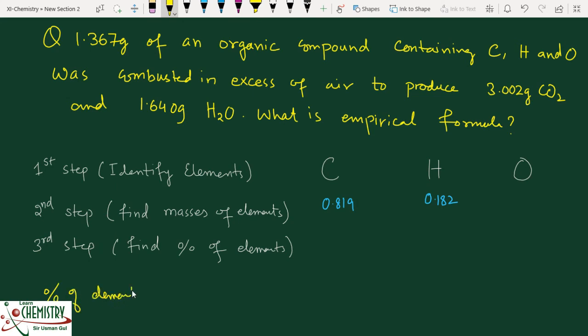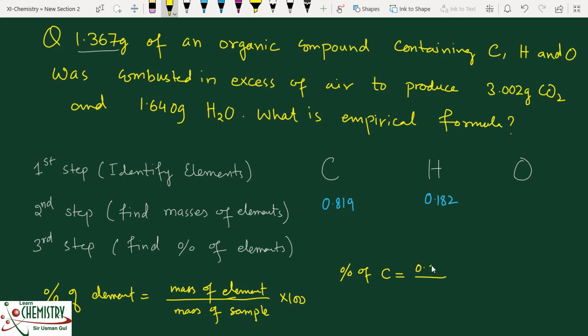The percent of element is equal to the mass of element divided by the mass of the sample and multiply by 100. For percent of carbon, so mass is 0.819 divided by mass of sample is 1.367, multiply by 100.